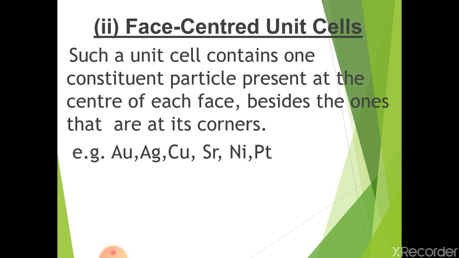It may be defined as such a unit cell contains one constituent particle present at the center of each face, besides the ones that are at its corner. The common examples of this type of unit cell are noble metals such as gold, silver, platinum. Here, copper, silver, gold are also known as coinage metals. So these are also examples of face centered cubic unit cell.